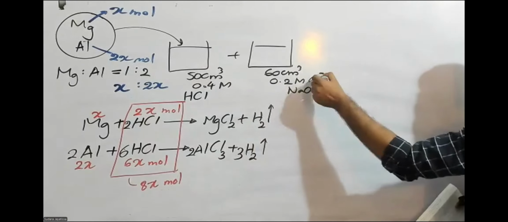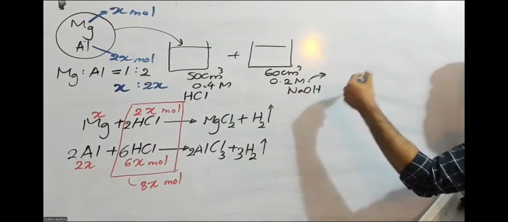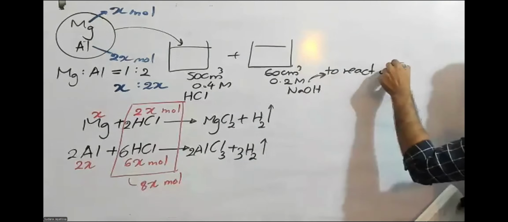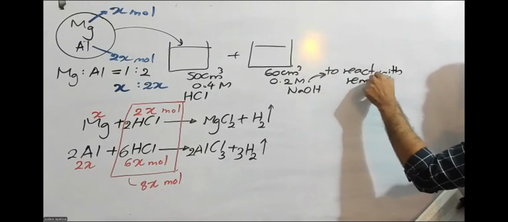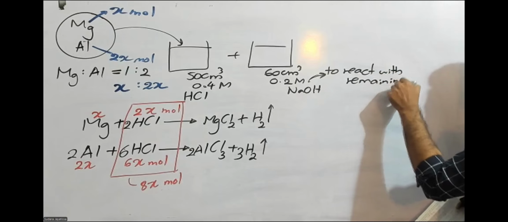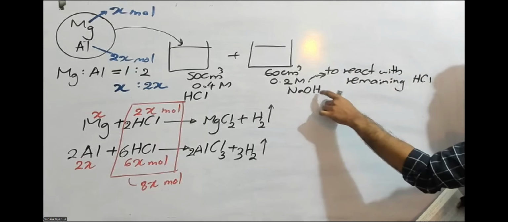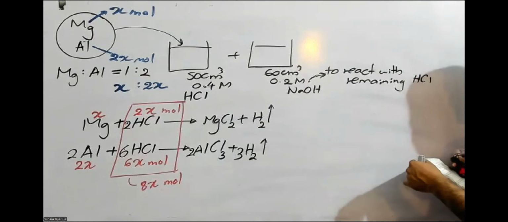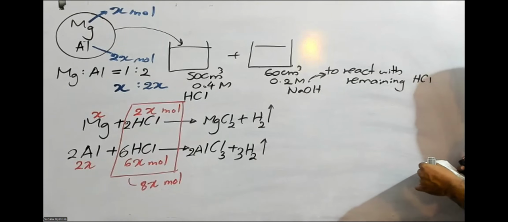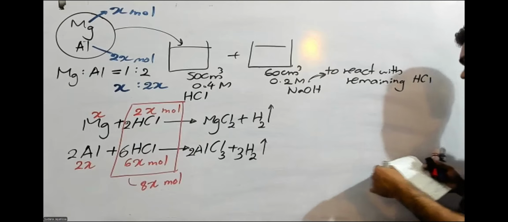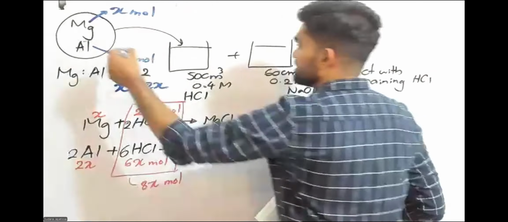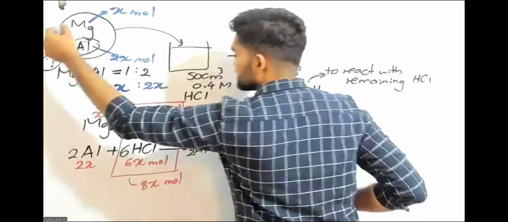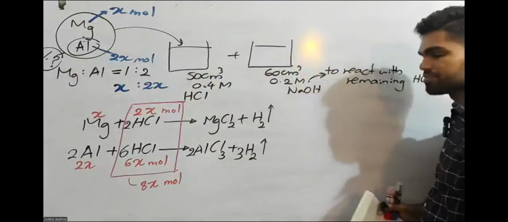So we have to understand that also when we are reading this, to react with the remaining HCl. So from this data, we can find out how many HCl moles are remaining. Now it says in the question also, we're required to neutralize the remaining solution. It's asking the aluminium mass percentage. That's what they ask.